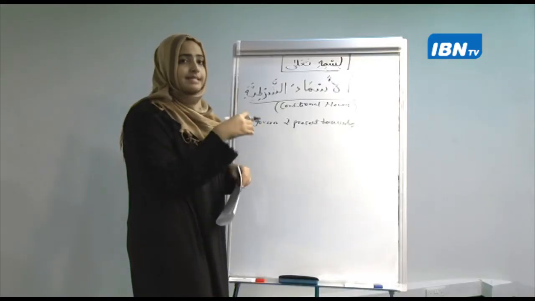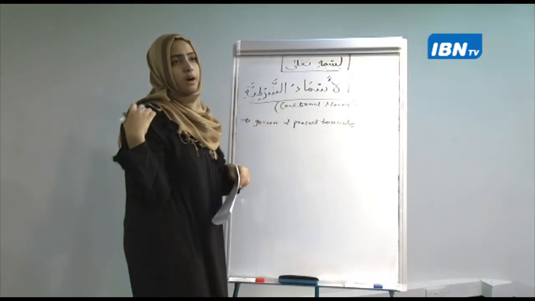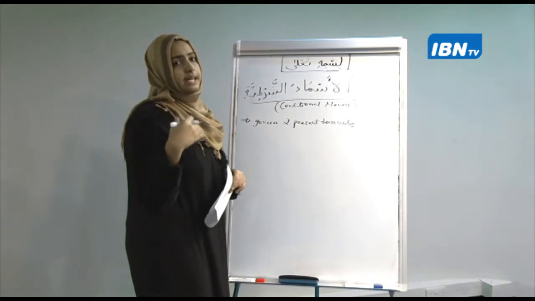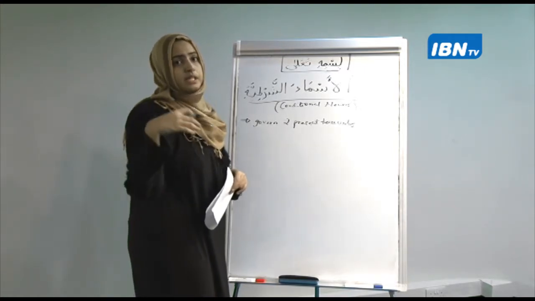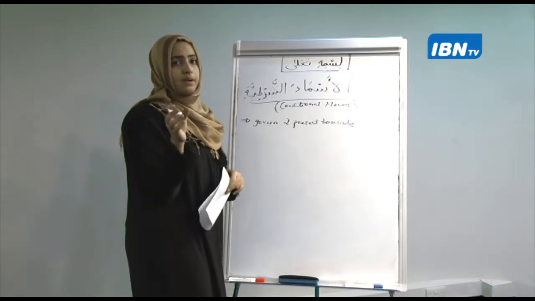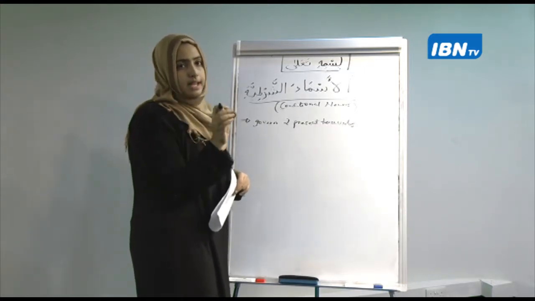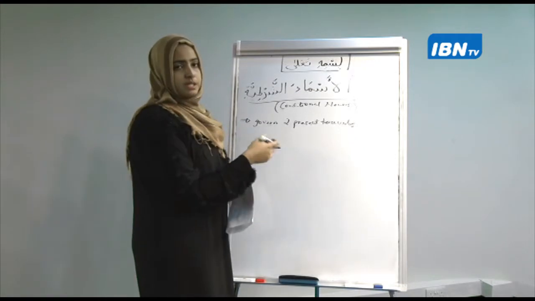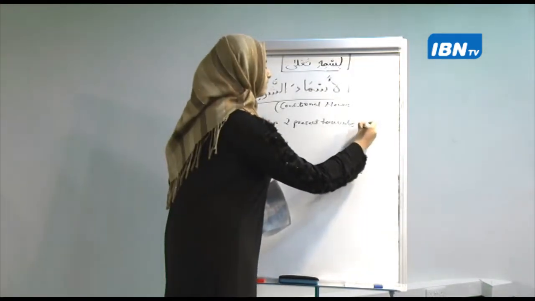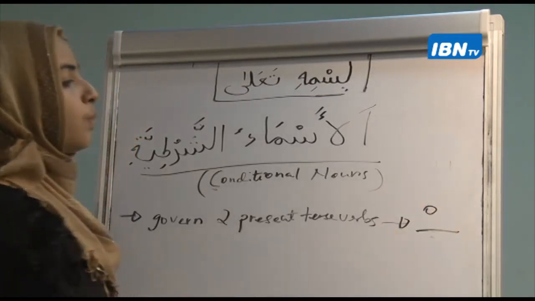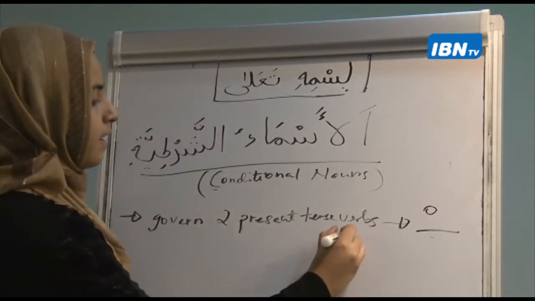It is similar to the ruling of al-huruful jazima that we discussed. The two verbs, present tense converted into future tense, and they will carry jazm at the end. Same applies to this one. They govern two present tense verbs, and the present tense verb will carry a sukoon at the end, okay?